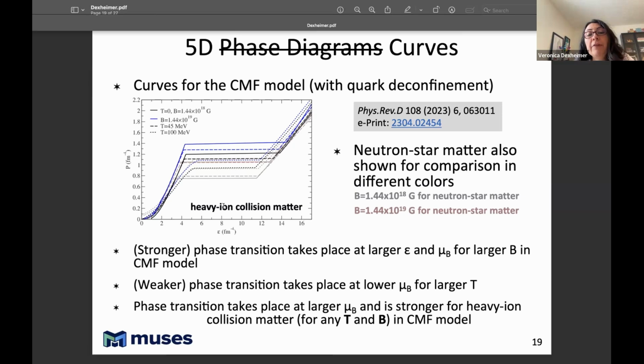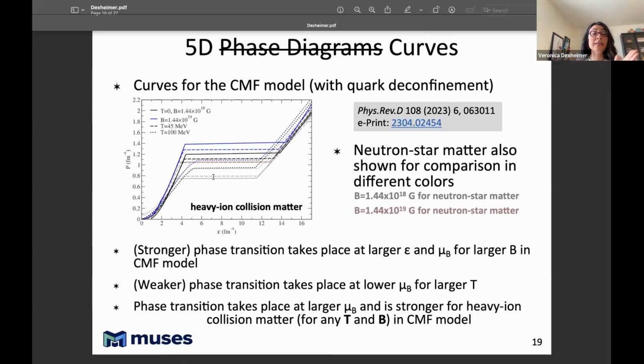I'm showing you heavy ion collisions matter, which is isospin symmetric matter, but with strange chemical potential, in blue and black. And then in gray and brown, I'm showing you neutron star matter, which has no strange chemical potential, but has isospin or charge asymmetry.